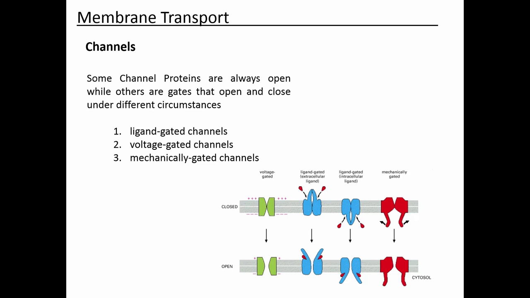Okay, so the second type of channel that you have are voltage-gated channels. And these types of channels respond to changes in the membrane potential. So I previously told you that for the typical cell in your body, you have a slight excess of negative charges on the inside of the plasma membrane and a slight excess of positive charges on the outside.